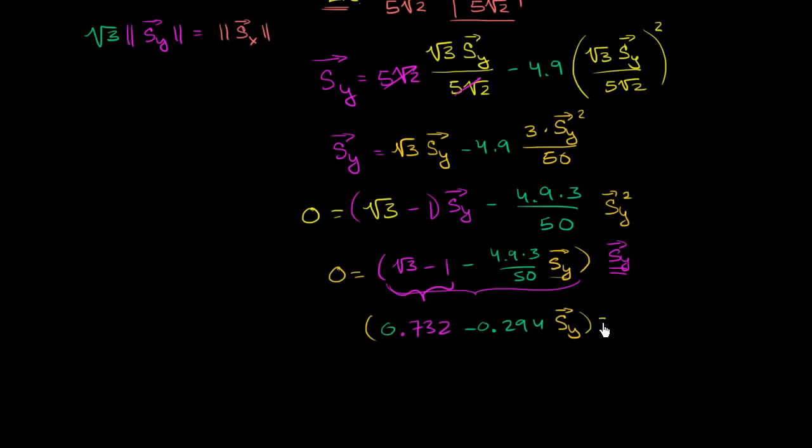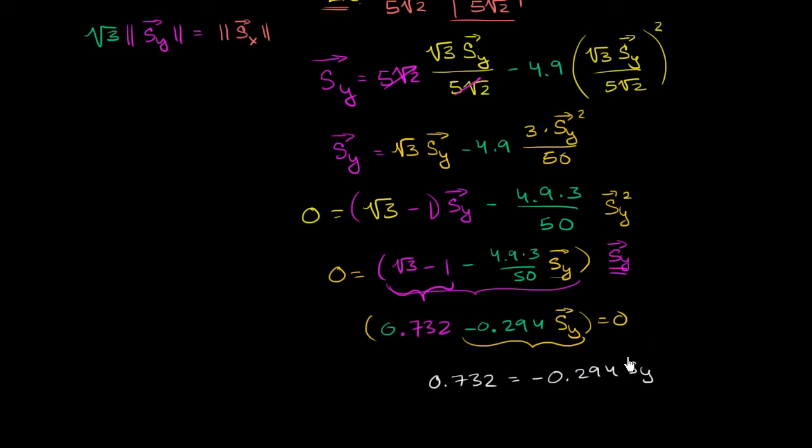This could also be equal to 0. Either this is 0 or that is 0. When this is 0, it gives us the obvious answer. We're more interested in this. To solve for this, we can add this to both sides, and we get 0.732 is equal to negative 0.294 times the vertical component.